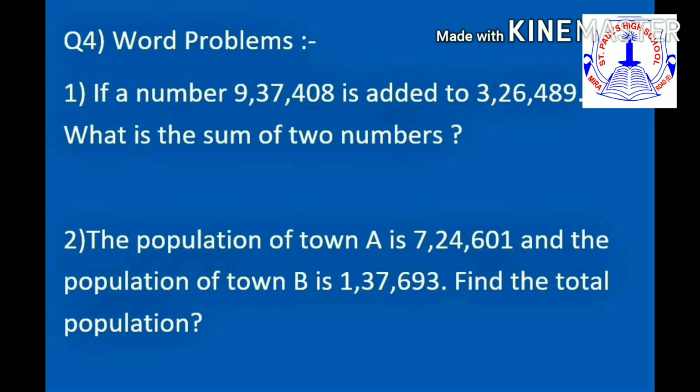Second one, the population of town A is 7,24,601 and the population of town B is 1,37,693. Find the total population.